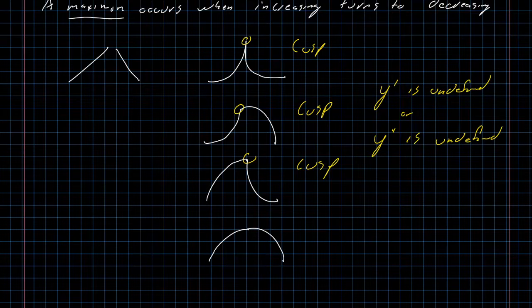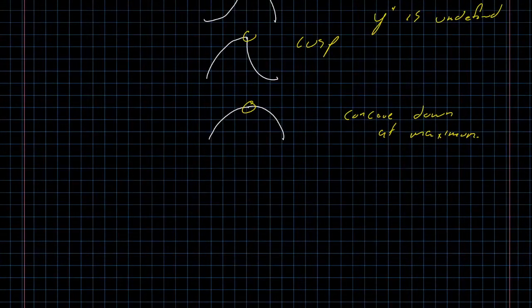But this place here, where the function is smooth at that maximum, we in fact have that the function is concave down at its maximum as well. And we can do the same thing with a minimum. I'm not going to go through and draw the pictures, but you'll see the same situation come up again.